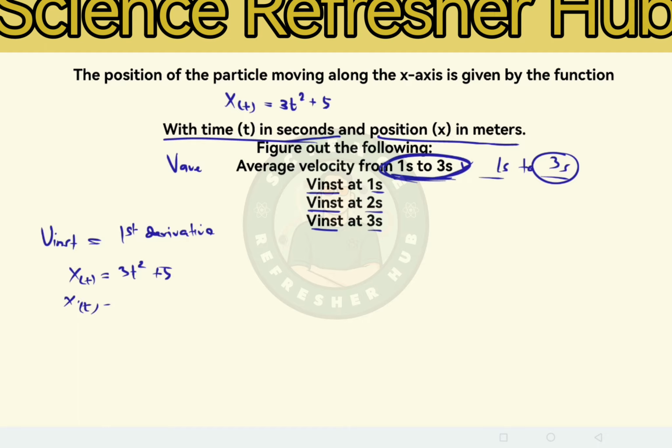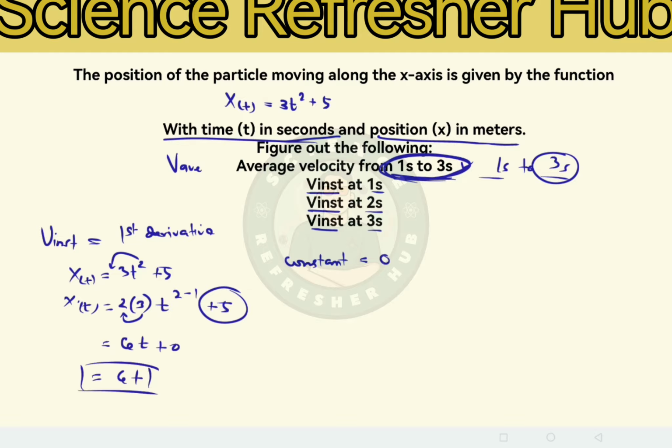So x prime of t is going to be 2 times 3, t to the power 2 minus 1, plus the derivative of 5. Next, multiply it. 3 times 2, that's 6t. The exponent 1 we can just remove. And then our constant 5, the derivative of a constant is 0. So plus 0, or we can just have 6t as our first derivative.